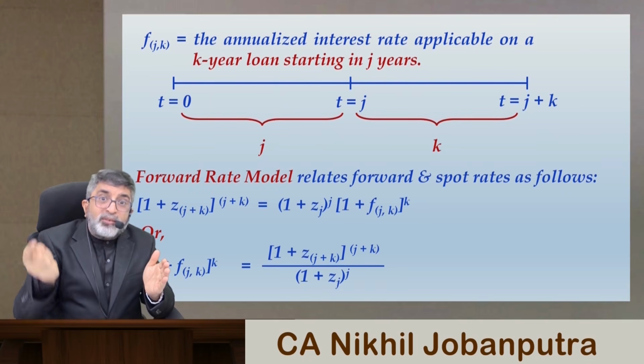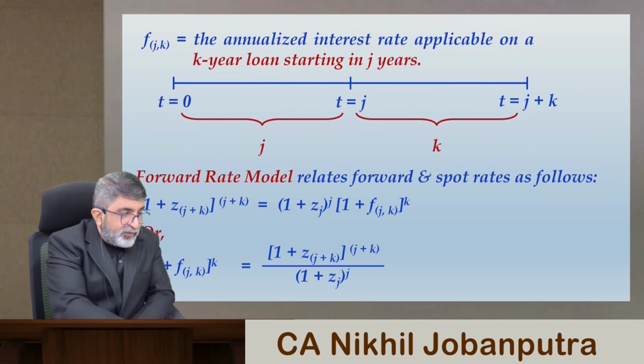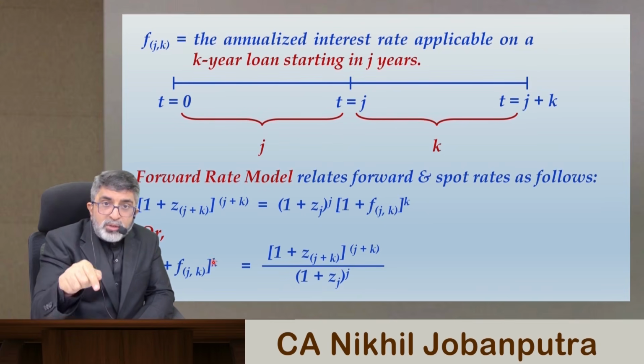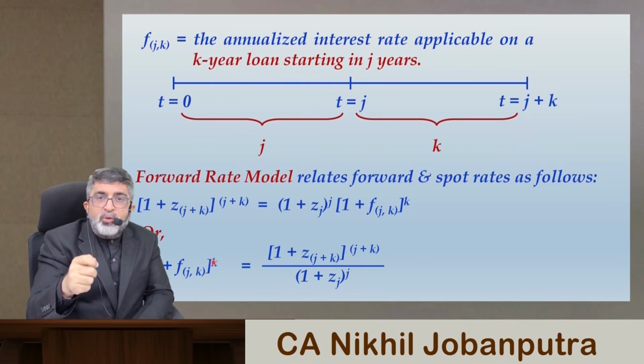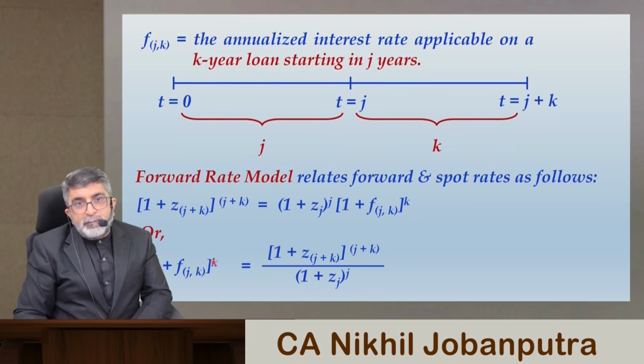Don't forget to take the square root of that, because that is the factor for 2 years, means it will be the value of 1 + fj,k. So in our case it was 1 + f3,2. So f3,2 means the loan is for 2 years, so the power will be raised to 2. So you take the square root, and after taking the square root you subtract 1, you will be getting fj,k.